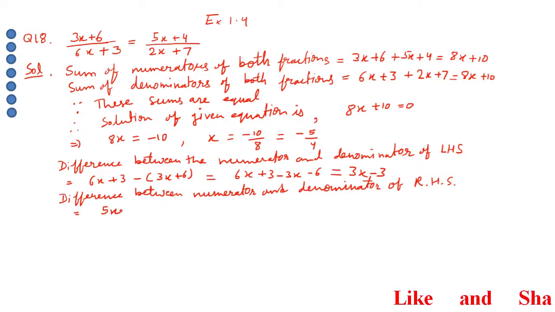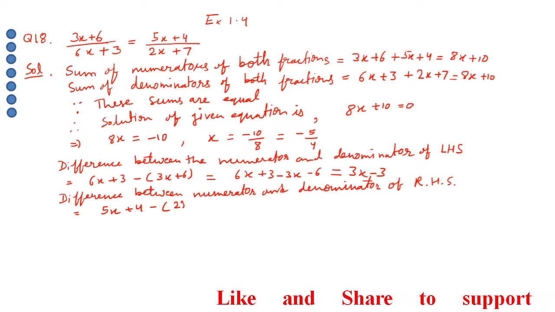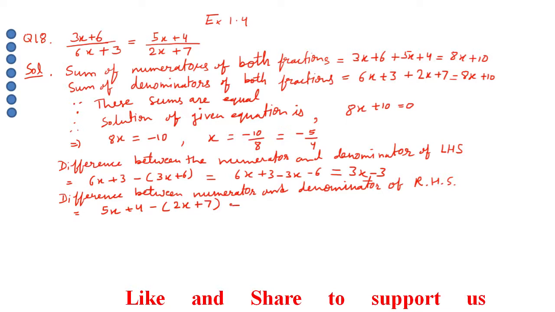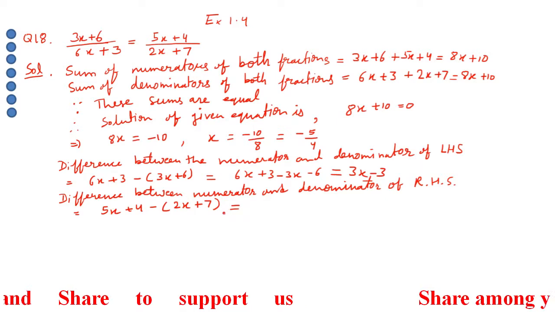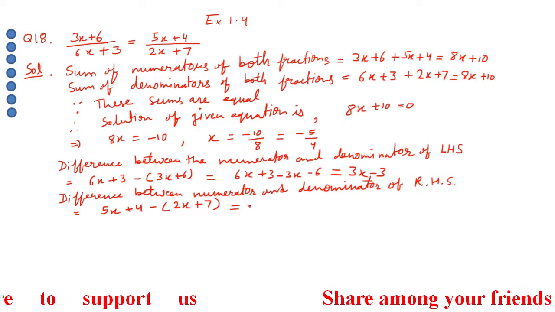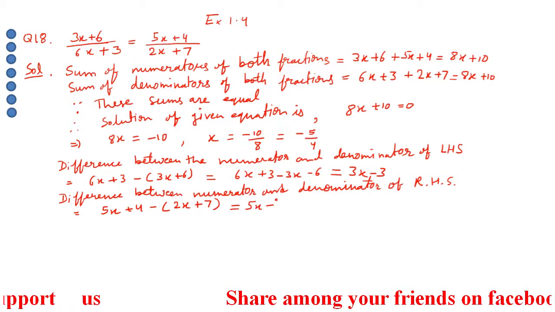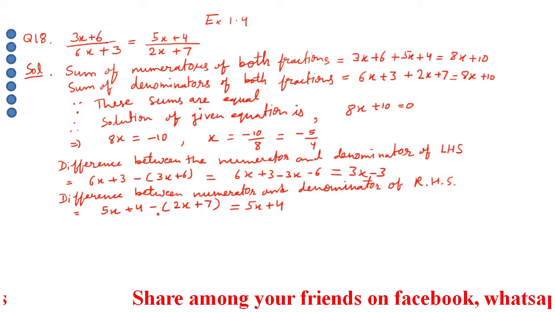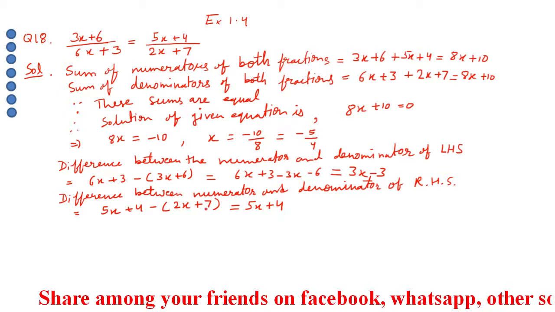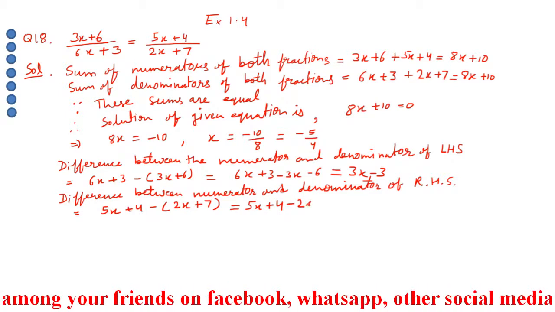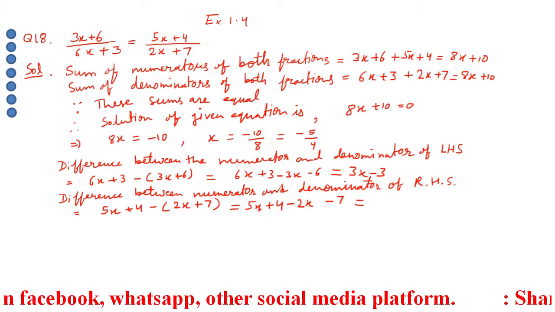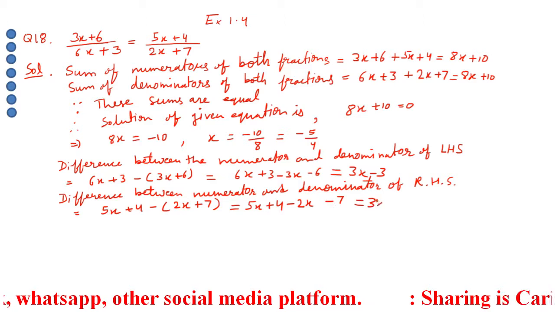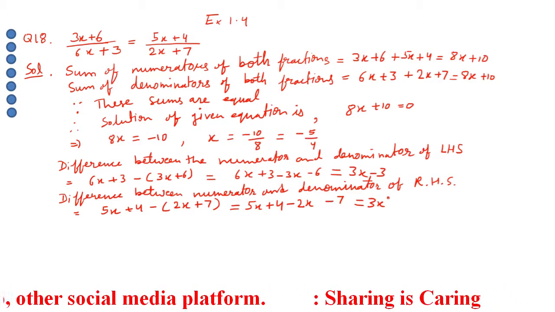This time I am subtracting numerator minus denominator. It's our choice, we can subtract any from any, it's not a problem. We should try to get the same difference. When we subtract here, we have to change the sign first. We have to open the bracket, so the sign will change inside. 5x and plus 4 stay as they are. Since minus is outside the bracket, the sign will change here, so we get minus 2x and then minus 7. Now students, 5x and minus 2x is 3x, and plus 4 and minus 7 will give us minus 3.